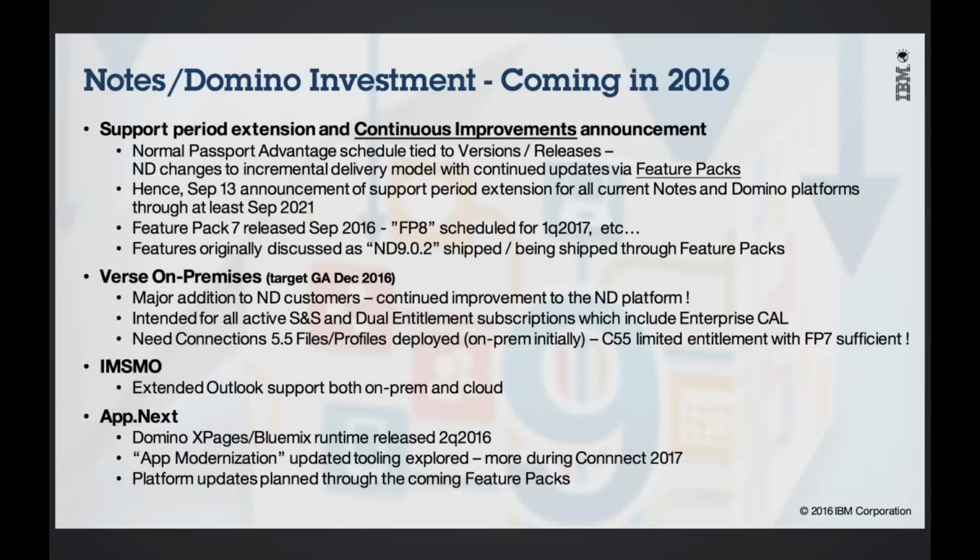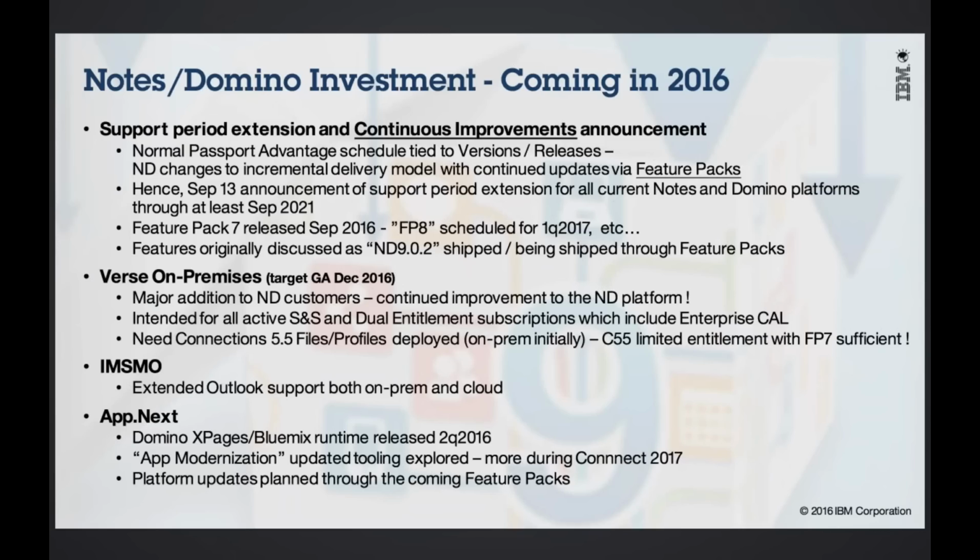We're going to go onto a process of continuous improvements for Notes and Domino. We're no longer going to do the normal Passport Advantage version release. As I said, we're simply going to an incremental delivery model and use feature packs as a way of delivering it. So we are basically extending support until at least 2021. By the way, we have now shipped Feature Pack 7, which was released in September 2016.